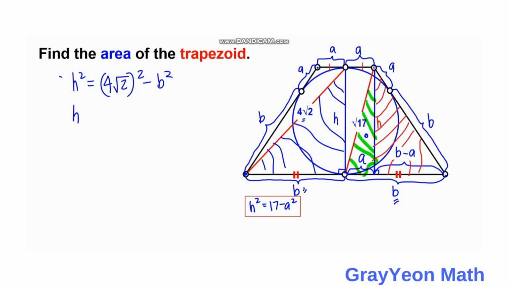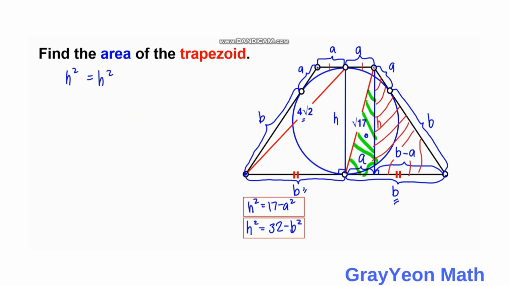So h squared is equal to 4 times 4 is 16, times square root of 2 squared. So this will give us 16 times 2, so 32, minus b squared. That is another value for h squared.